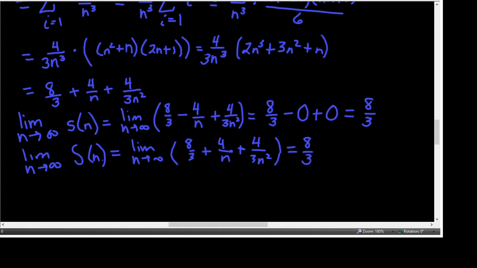So as you can see, our actual area is therefore 8/3 because the two limits approach the same value. And if that's the case, then the thing that's between them has to head toward 8/3 as well. So that's a really nice result.